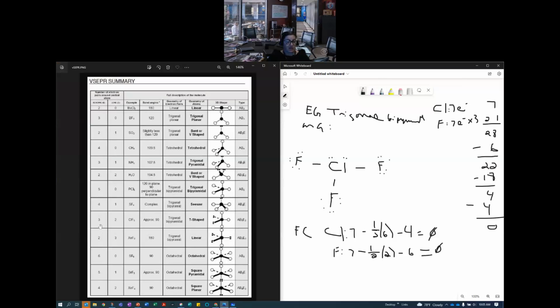Well, if I have 3 bonding and 2 non-bonding, such as ClF3, I have an approximately 90-degree bond angle, trigonal bipyramidal electron geometry. It's listed again as T-shaped. Now, are the bonds exactly the same as they are in my other T-shaped? No, not exactly, but I still have this T structure. So that's what we're talking about there.